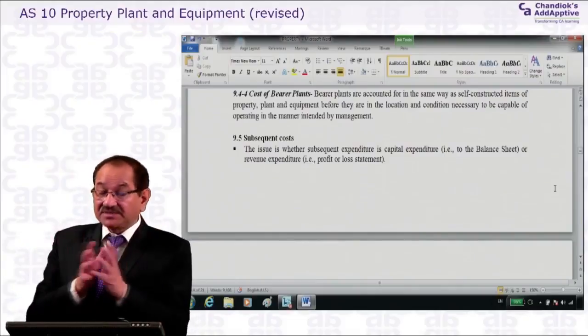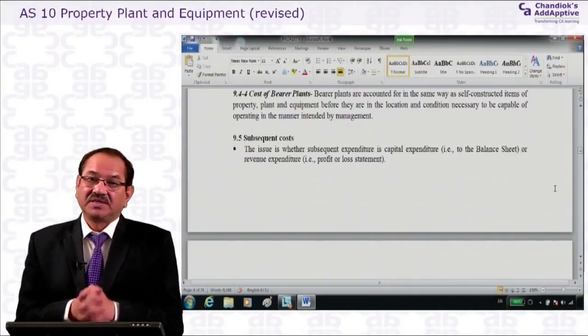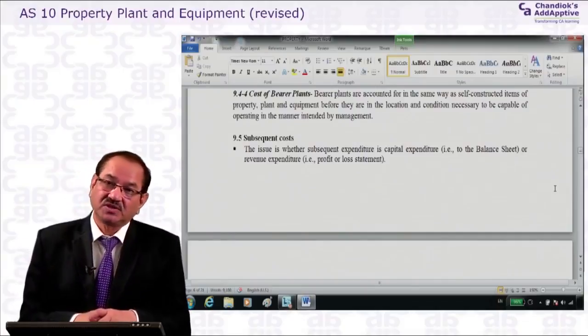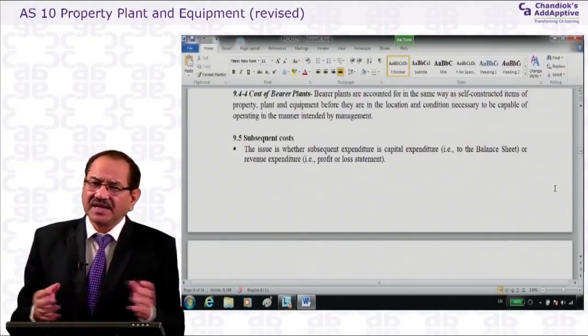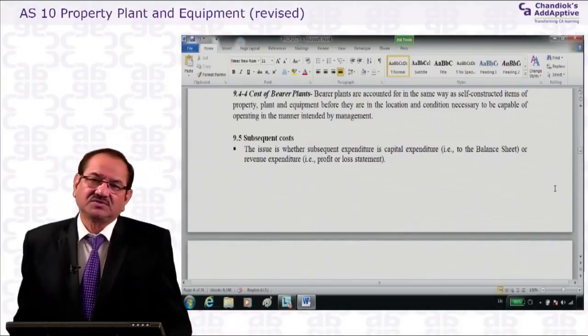So that is in summary the initial cost. But dear students, suppose you purchase the plant and machinery on 1st April 2016. At that time, you have measured it at a cost of, suppose, 20 crores.